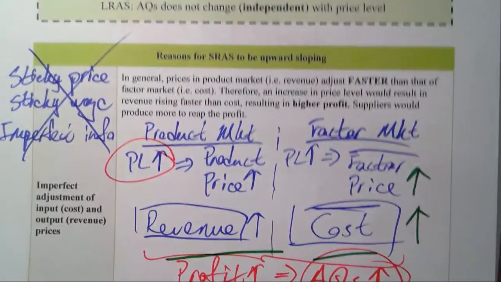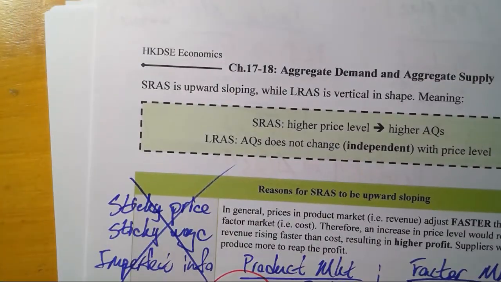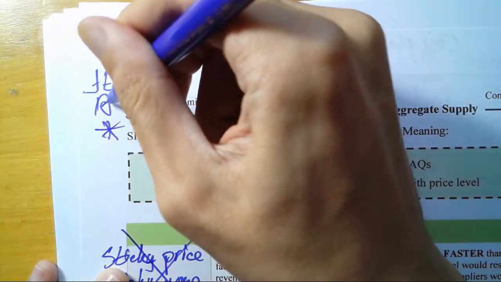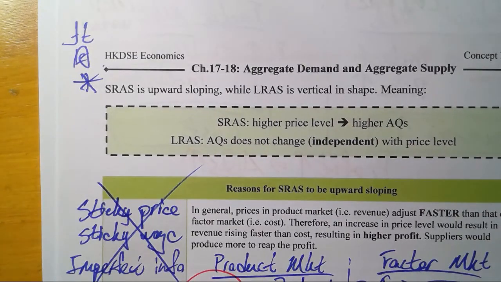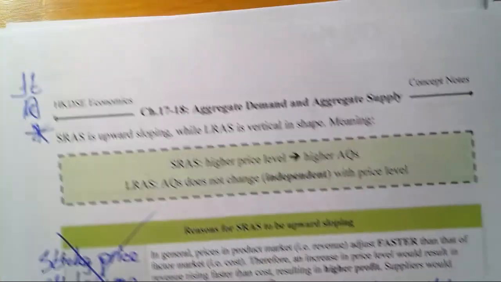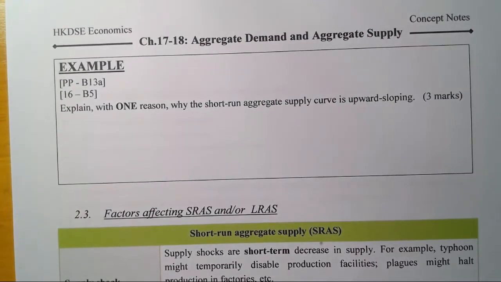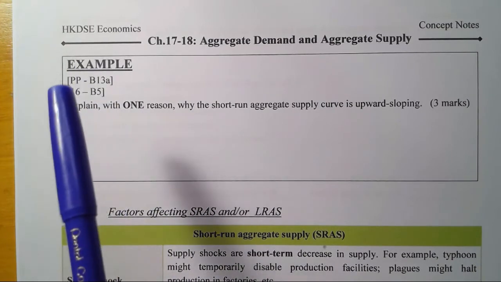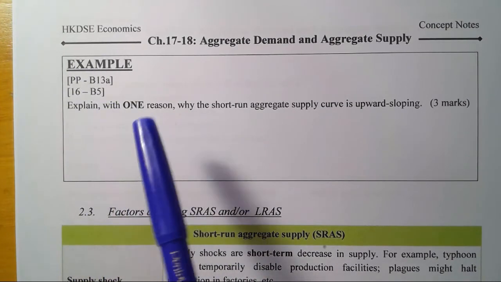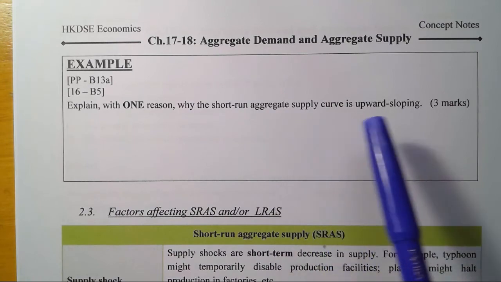Okay? Now, again, this page, don't hesitate. You need to fully recite this page. 背晒佢，唔好諗咁多。Okay? Would it appear in DSE? Yes. You will see it in DSE. Okay, DSE, you need to explain. For example, practice paper 2016, explain with one reason why short run is upward sloping.